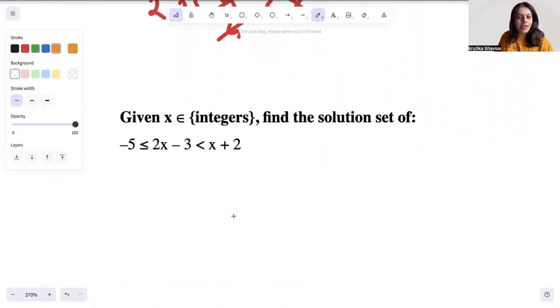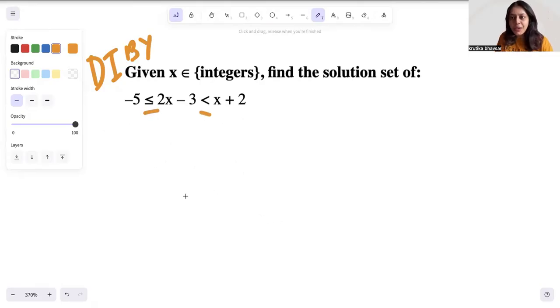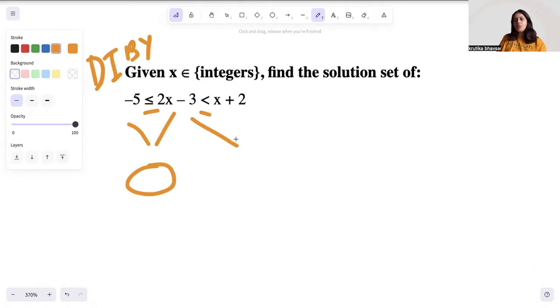Let's move towards another question. I would like to give this question as do-it-yourself, but I'm going to give you a hint. So you have two inequalities here. There's no need to worry about the inequalities, but just do the fractions as they are. So first, maybe you can solve for these two, and then you can solve for these two. Okay?